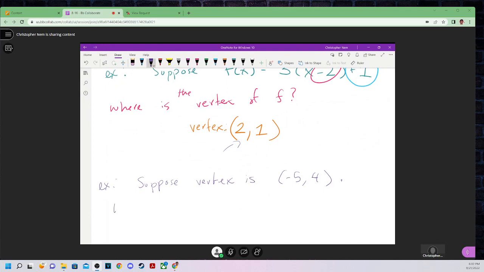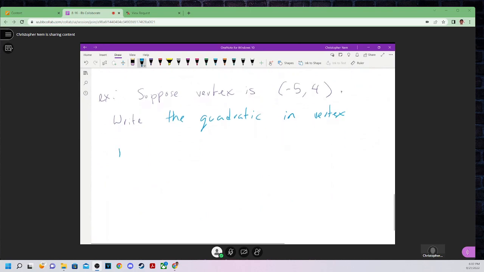And then I ask you to write the quadratic function called f in vertex form, assuming f has no stretch / compression / reflections.